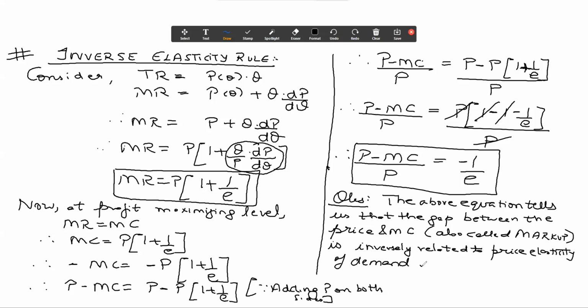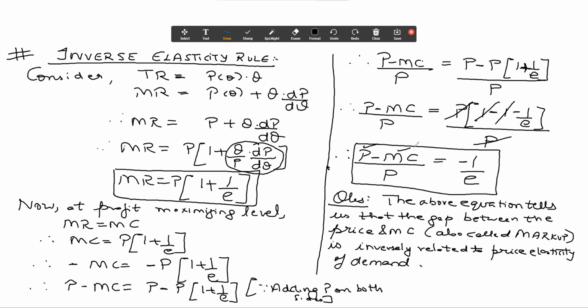So the observation is telling us what? Let us even write more observations, but first let's look at this observation. The above equation is telling us that the gap between the price and the marginal cost, which we also call the markup, P minus MC, is called the absolute markup.